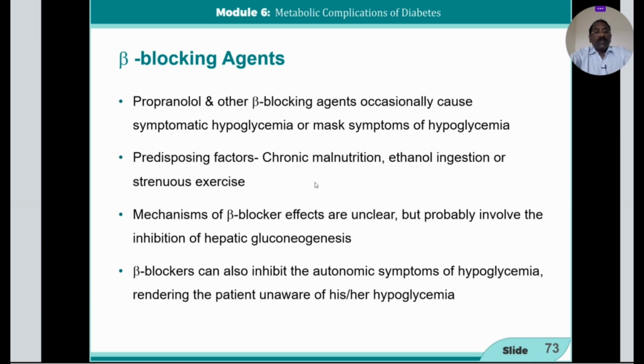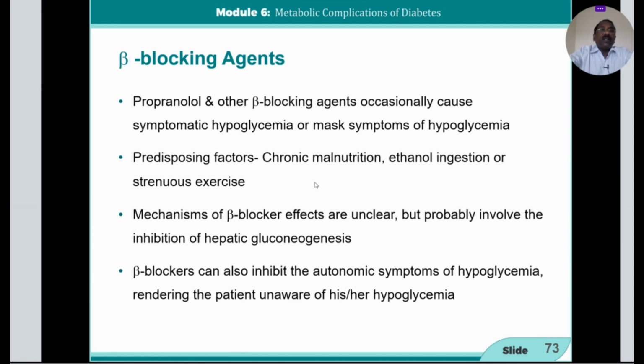Beta blockers can also inhibit the autonomic symptoms of hypoglycemia, rendering the patient unaware of his or her hypoglycemia. This is the most important practical point. Beta blockers reduce the tremors, the hypersweating, and the tachycardia.